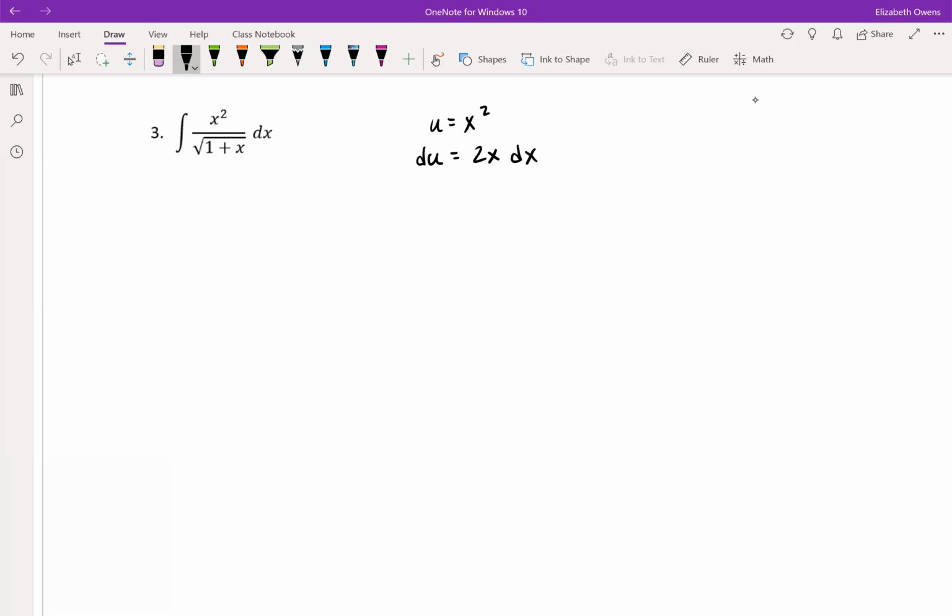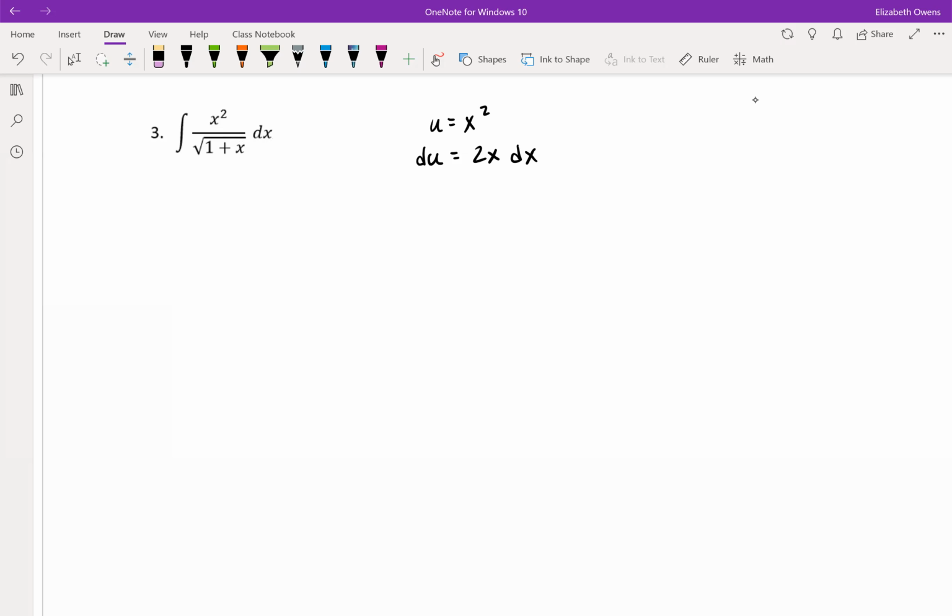But notice how that's actually not going to help us too much because our x dx would be together here if we use this substitution. And in the actual problem, x is in the denominator and underneath the square root, while dx is neither of those things. So x and dx are not together like this.